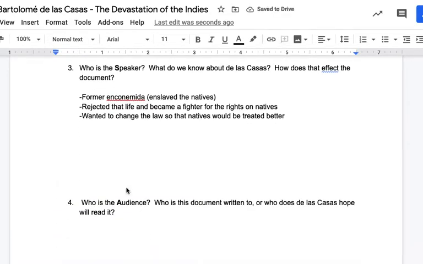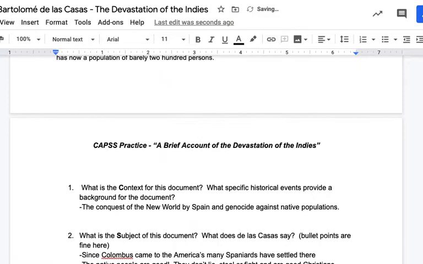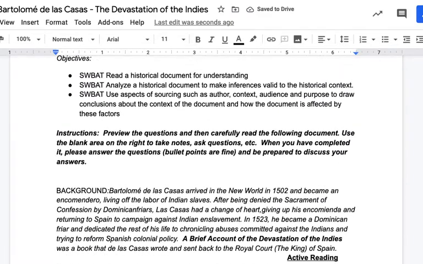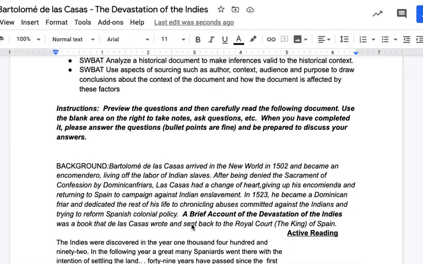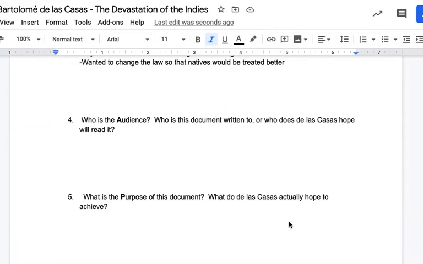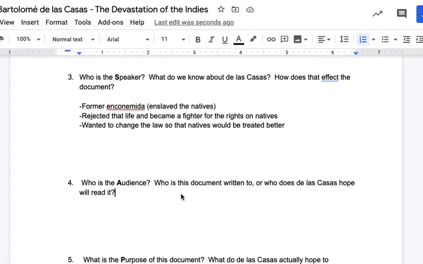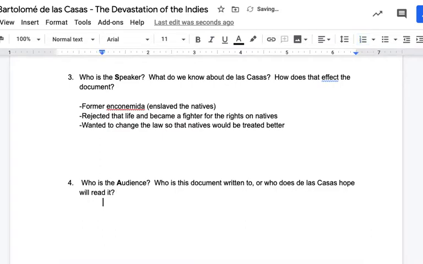Who is the audience? Who is this document written for? Well, it's right there in the first little bit where it says that De las Casas wrote this book and sent it back to the King of Spain. So the King of Spain is the audience for this.